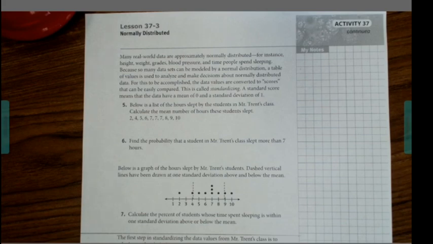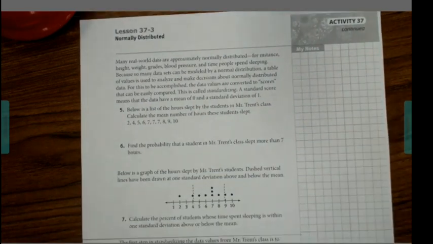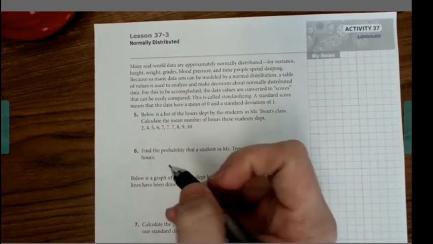of 1. Below is a list of hours slept by students in Mr. Trent's class. Calculate the mean number of hours these students slept. So remember to calculate the mean. What we're going to do is add all of our numbers together.